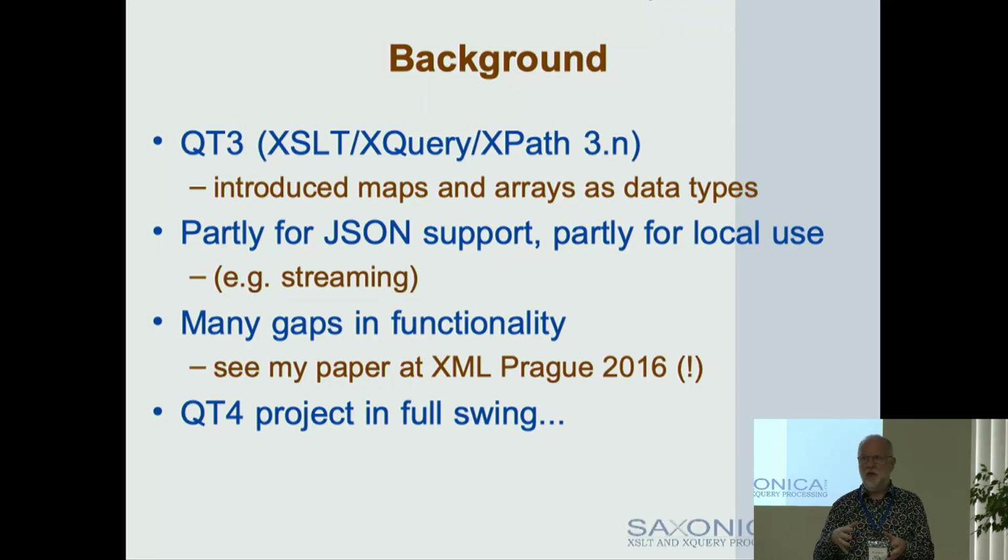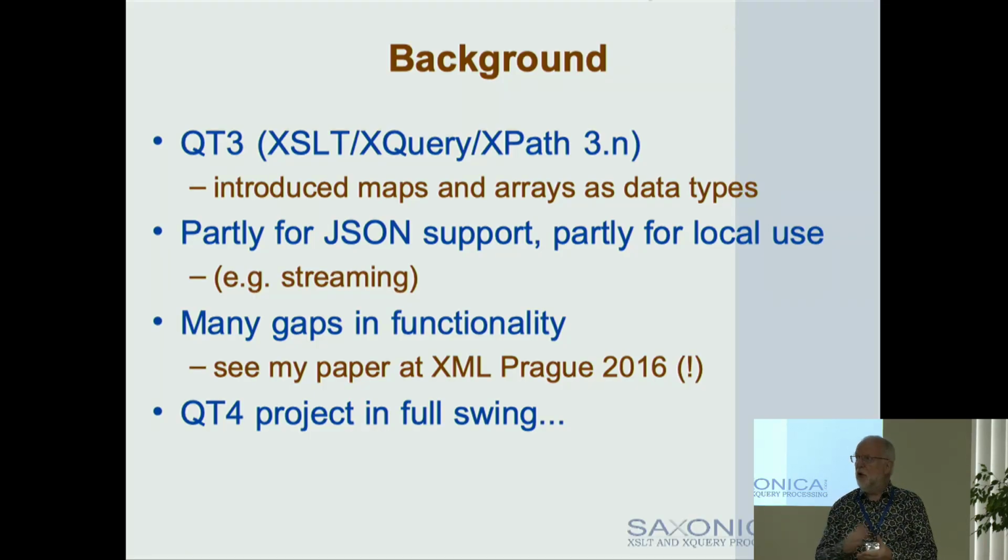And then we realized if we do maps for streaming, we've got half the work that we need to support JSON, because during the process of developing XSLT 3, JSON was becoming a lot more important. And so there was well-developed support for maps in XSLT 3 and the beginnings of support for arrays, which are the two data structures that JSON supported that XML didn't provide us with.